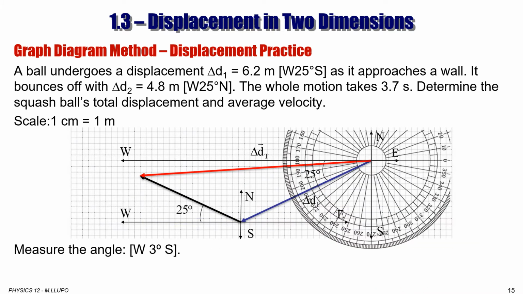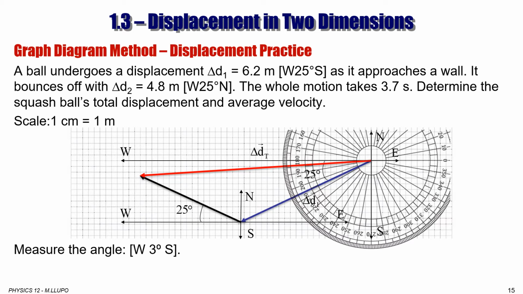So it is a vector and you need a direction. That's why you still use a protractor to measure the angle. In this example, the angle is so small. In my view, this angle is 3 degrees.